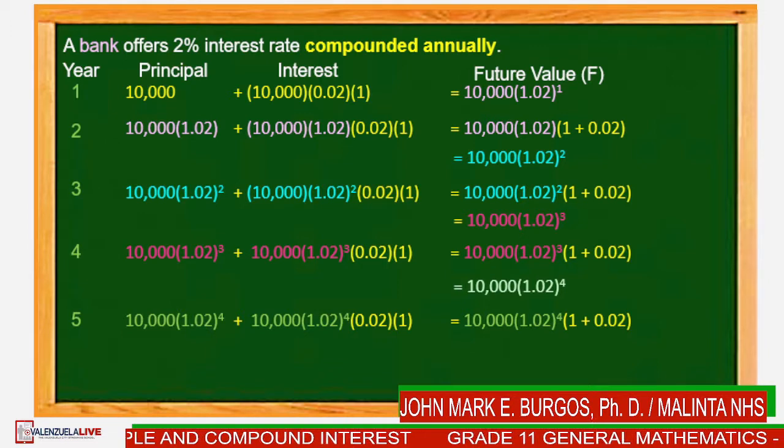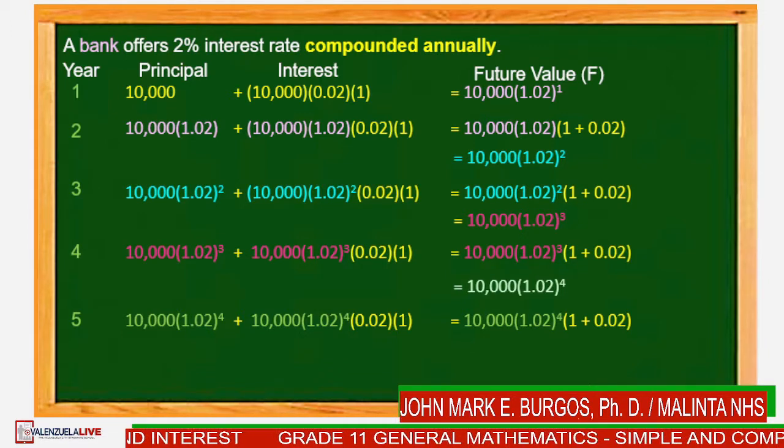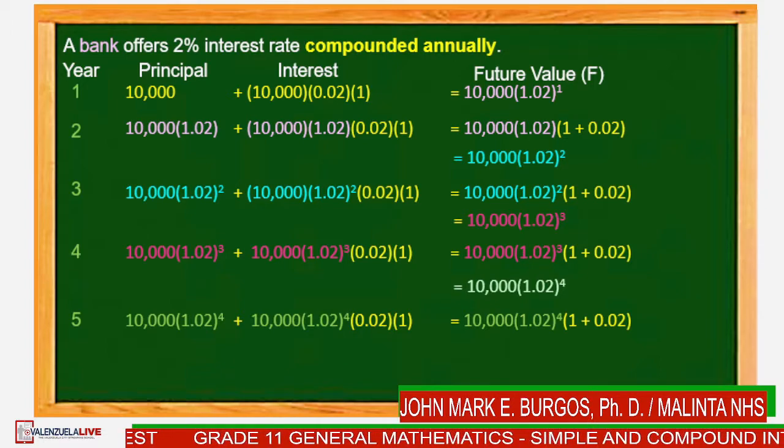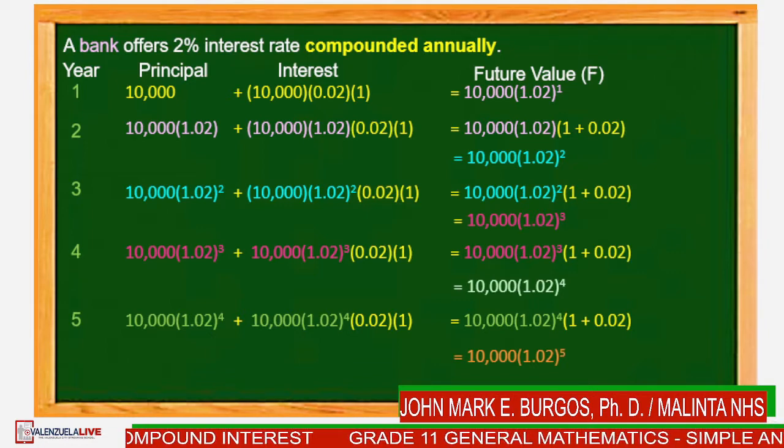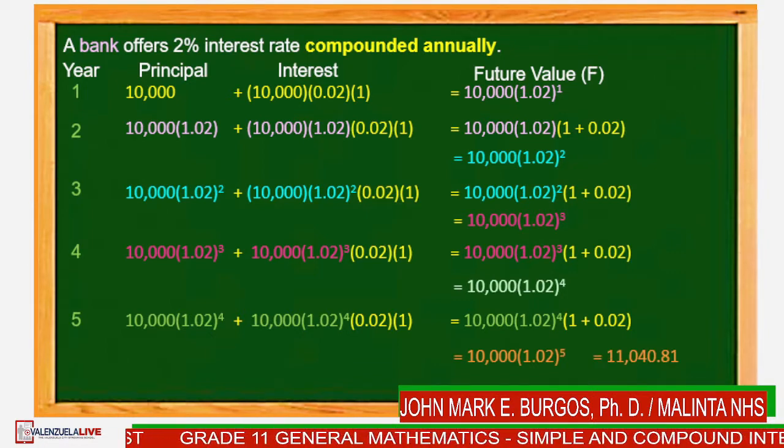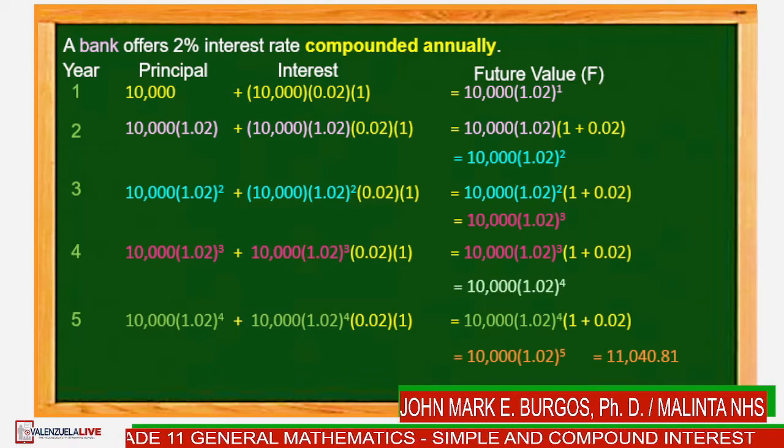The future value will be 10,000 times 1.02 raised to the power of 4 times (1 plus 0.02), or to shorten it, 10,000 times 1.02 raised to the power of 5. And to compute it, it will be 11,040 pesos and 81 centavos.